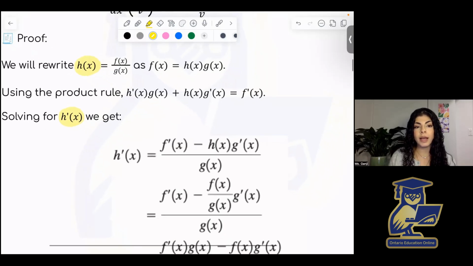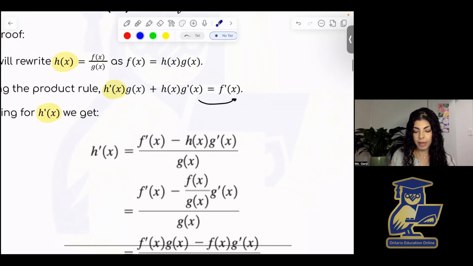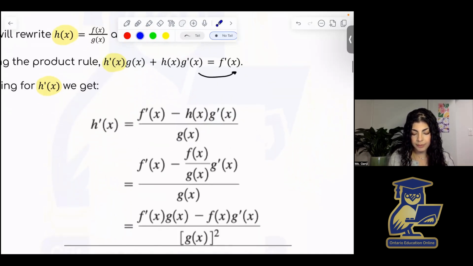So now it's just a matter of rearranging, right? So this is my term with h prime of x. So I'm going to move this over, and I'm left with f prime of x minus h of x times g prime of x. And because I have that multiplied by g of x, I'm going to divide by g of x.